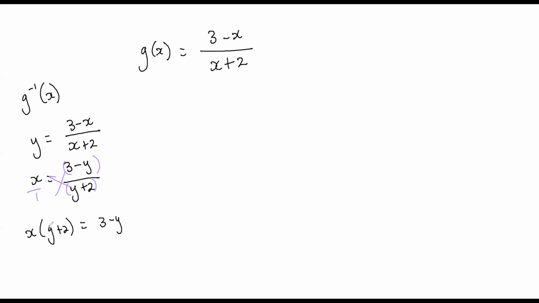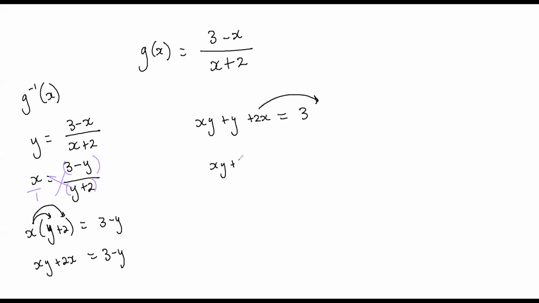And I get the y out and the bracket. Moving over the minus y, so then we'll have xy plus y equals 3 minus 2x.